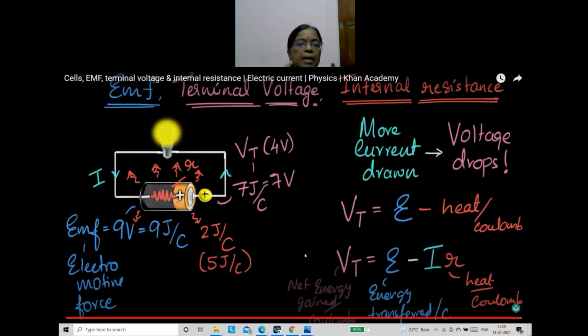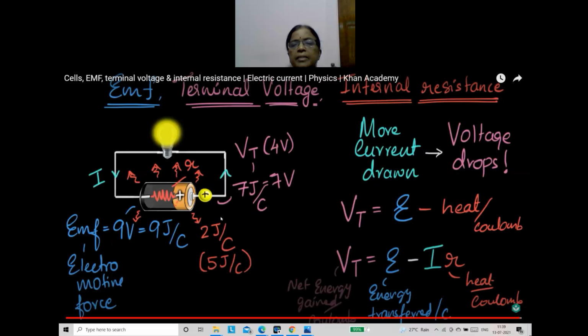And after passing through the cell, the voltage is reduced. What is the reason for that? I will ask Abhinav. Why is the voltage reduced? Abhinav, please tell. This is a very basic thing. If you don't know this, you will not understand the coming part.